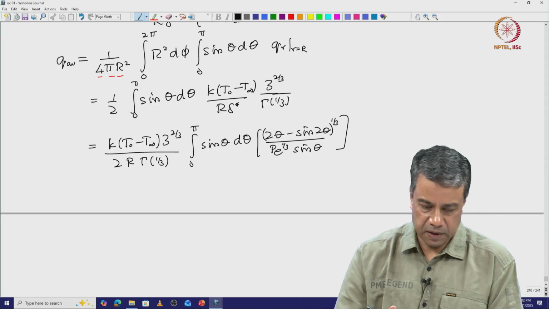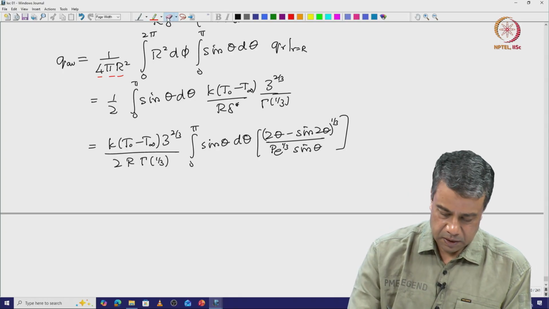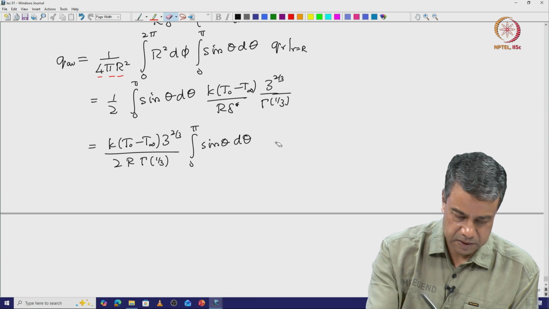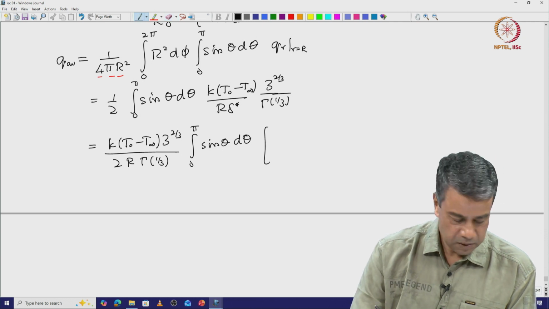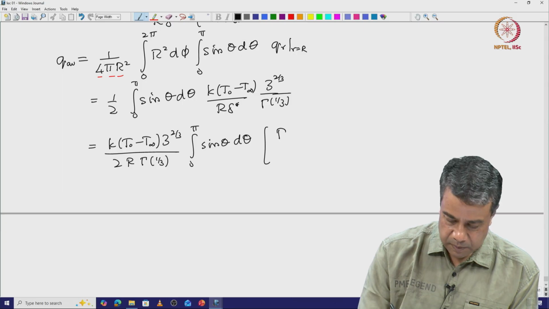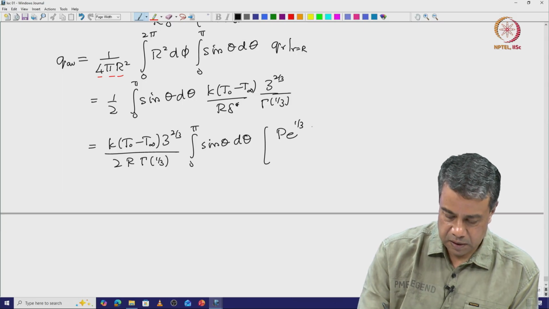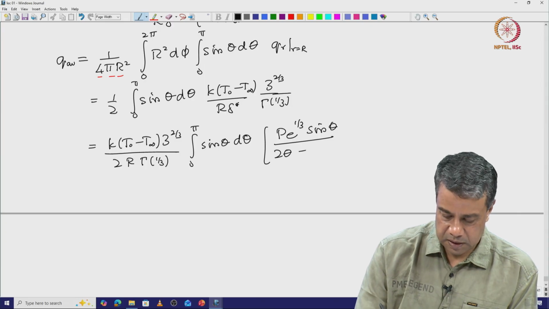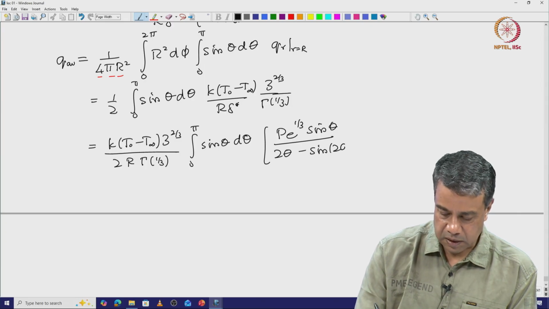I am sorry, I have written it the other way around. The boundary layer thickness, this should be 1 over delta. What I wrote was the boundary layer thickness delta. So that 1 over delta will be of the form Pe power 1/3 sin theta by 2 theta minus sin of 2 theta.